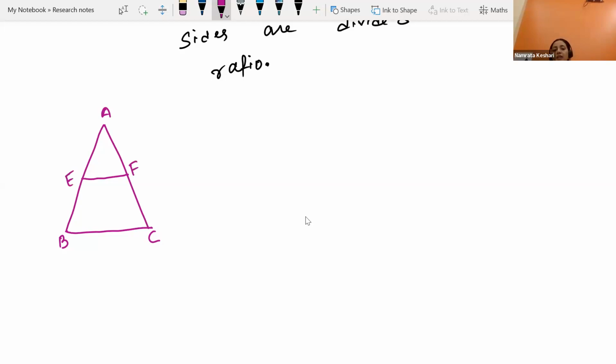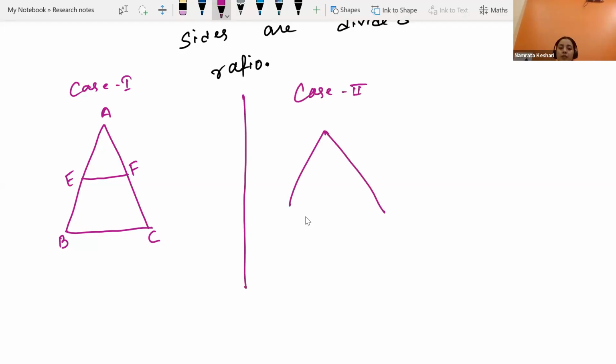Why have we drawn it like that? We can draw a line parallel to any other side. Yes, we can draw. This is possibility number one. Or you can draw a line in the same triangle ABC, parallel to one of the sides. So let's draw a line parallel to AC.